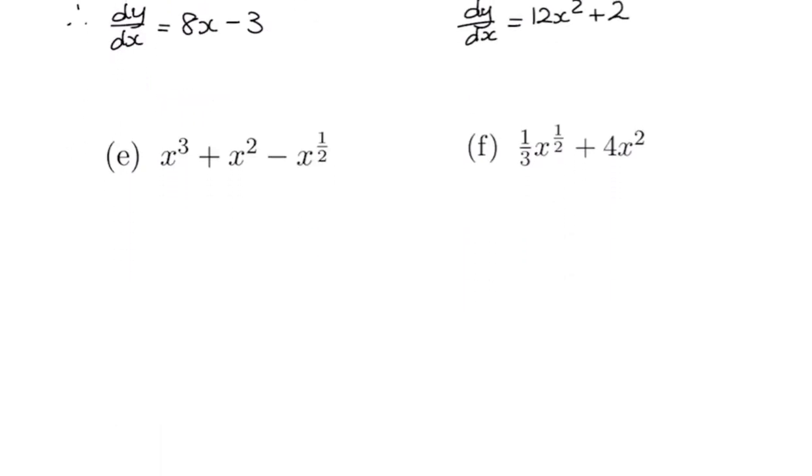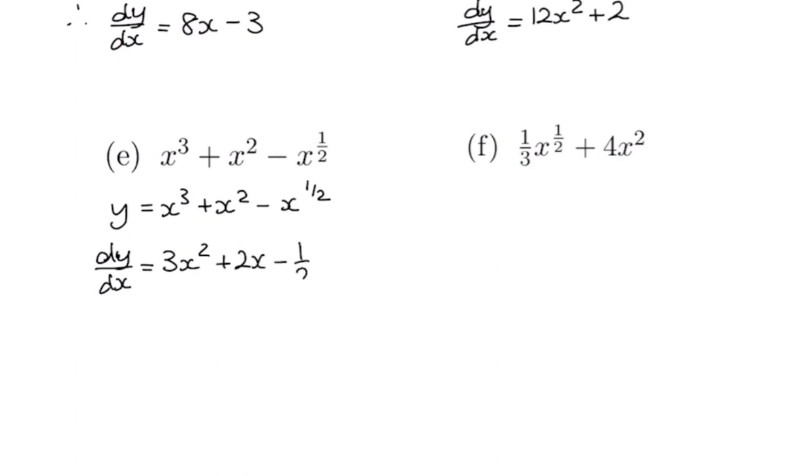E, again, y equals x cubed plus x squared minus x to the power half. So dy dx equals, multiply the power by the coefficient and decrease the power by 1, so you get 3x squared plus 2x minus a half x to the negative a half. And again, you could write that last term in surd form if you wanted to.